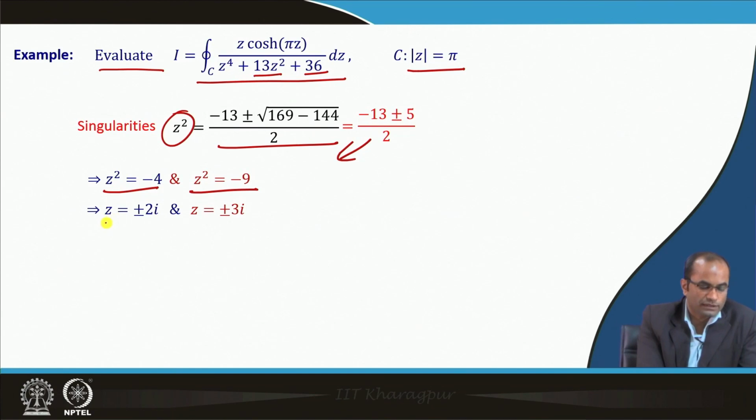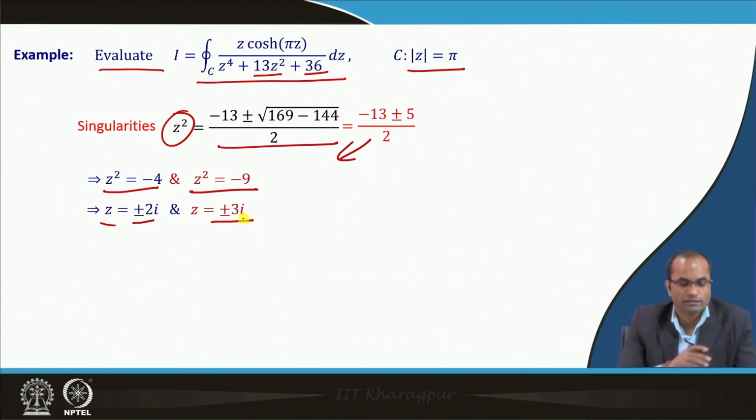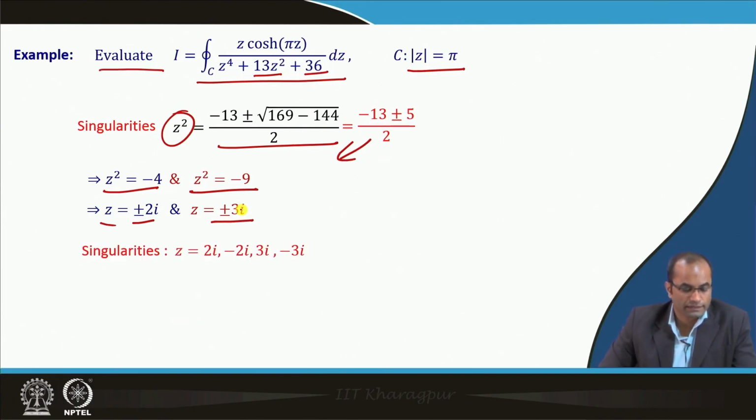That leads to z equal to ±2i and z equal to ±3i being the zeros of this polynomial appearing in the denominator. All these points are going to be the singular points for this integrand. So, we have the singularities 2i, −2i, 3i and −3i. These are the 4 singularities, and for each we have to evaluate the residue.